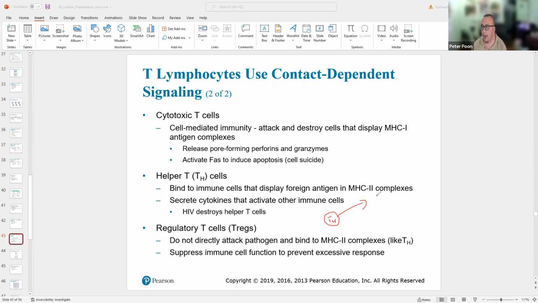On one end, it activates the cytotoxic T cells. The other end, it actually activates the B cells. So if I destroy this, then I don't get that, and I don't get that, and therefore I have no immunity, or very little immunity left.